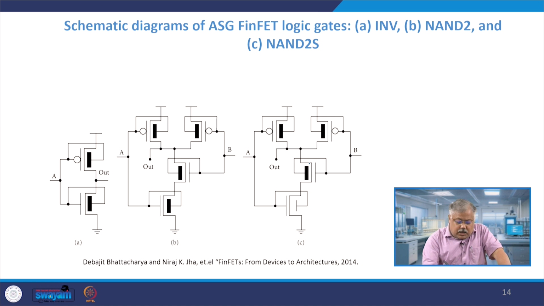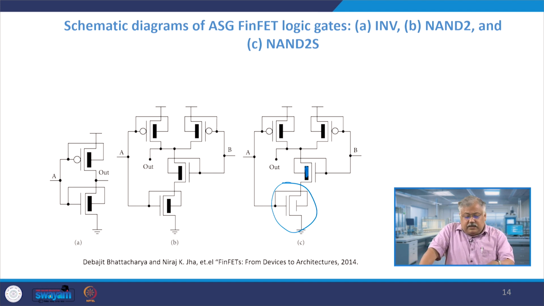You see this is basically the shorted gate structure where blackened is there. This is not a shorted gate structure here. So, within the pull down structure you have one which is not shorted and one which is shorted, right. And these are the various techniques by which you can use FinFETs for logical gate operations, right.